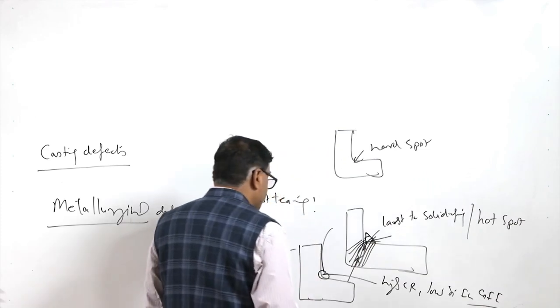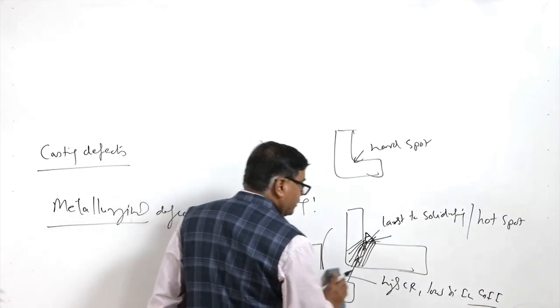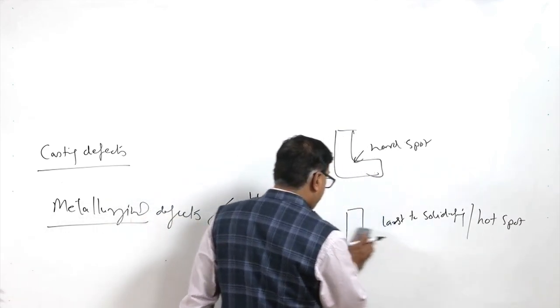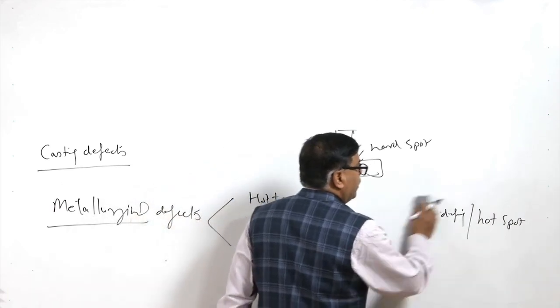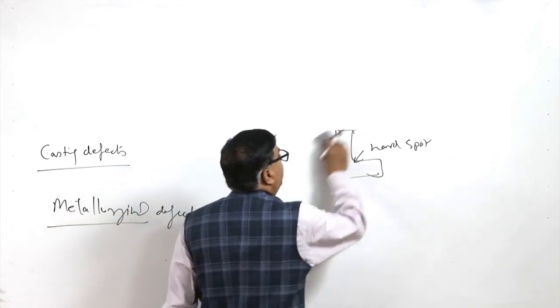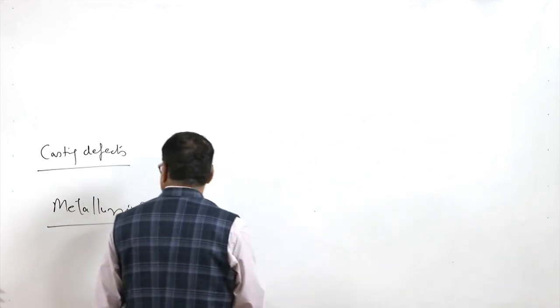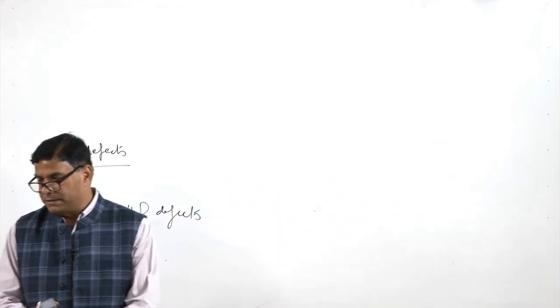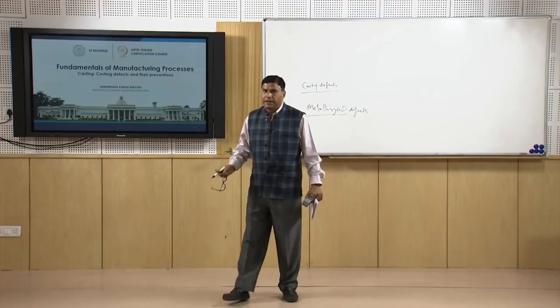Wherever chills are used, the high cooling rate, in case of hardenable steels and in case of cast irons with low silicon, can lead to the formation of hard spots. So, that is how we complete the entire categories of the casting defects.